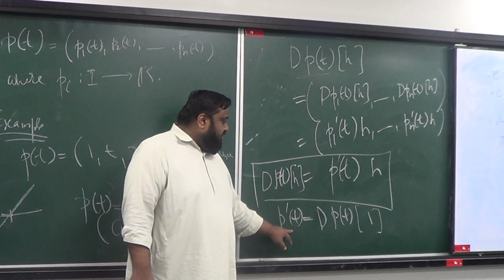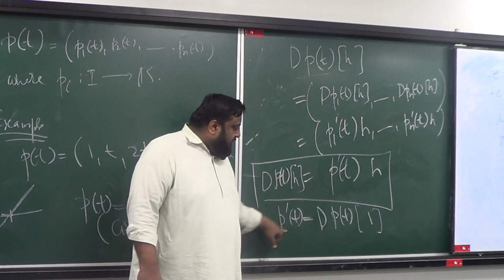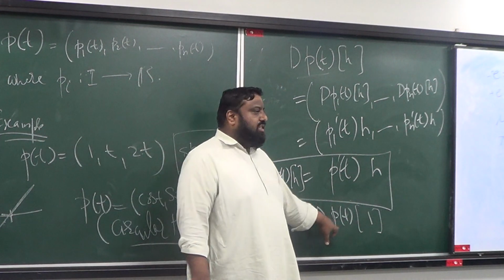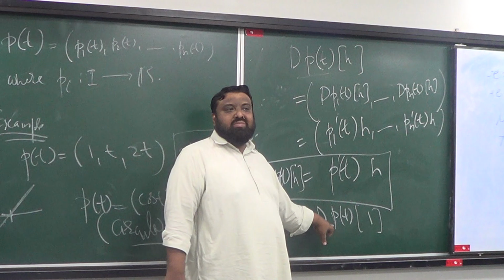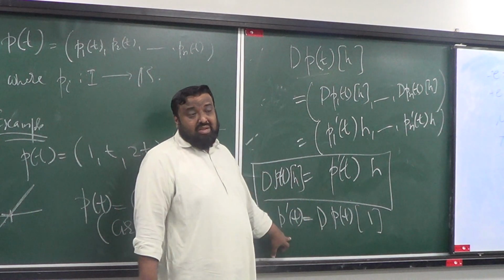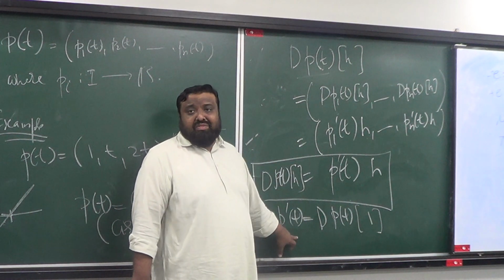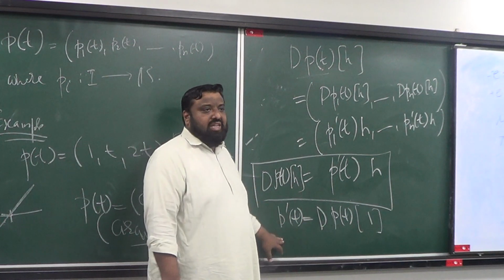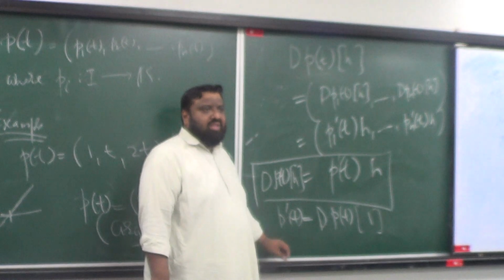So in other words, this is not something exclusively new. The Frechet derivative contains this information actually. It can become the vector derivative as well, the derivative of the vector with respect to the time t, a single parameter derivative. Okay, समझ आ रही है?